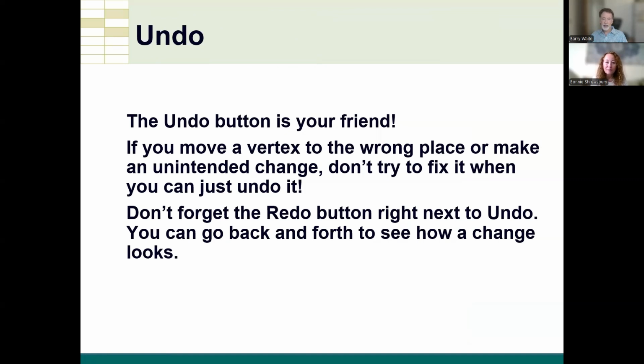I can't tell you how many times, especially if you're doing a bunch of data creation, there's going to be some oops, that went the wrong way, or ooh, I thought I was on that vertex and I was on that vertex, so I made a huge hole in my polygon. So yeah, this is great. And it does multiple levels. So you can undo, undo, undo, go back a few steps and then redo, redo, redo to come back to it. It will save you a lot of trouble.